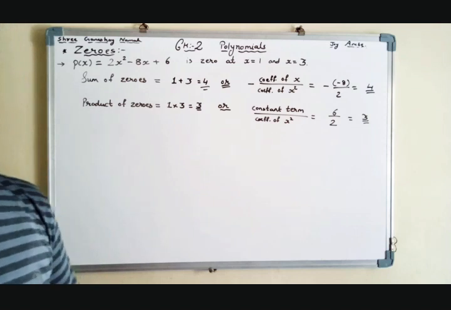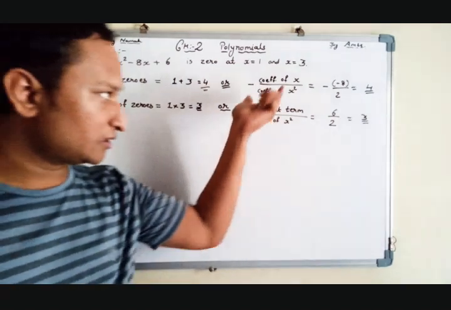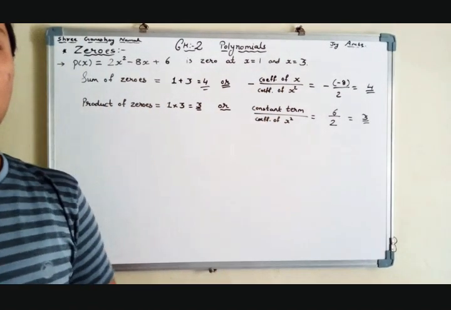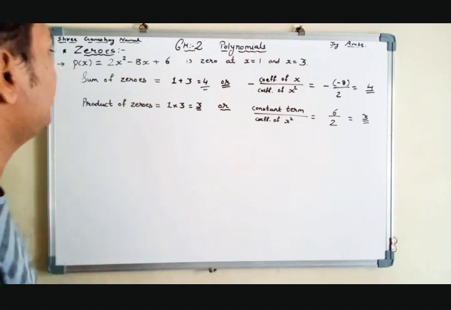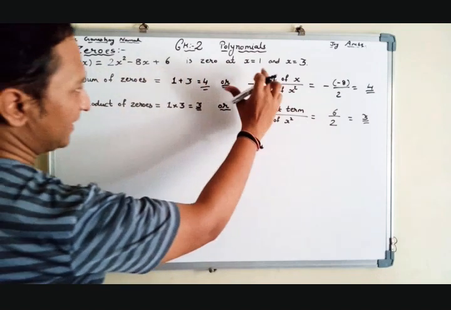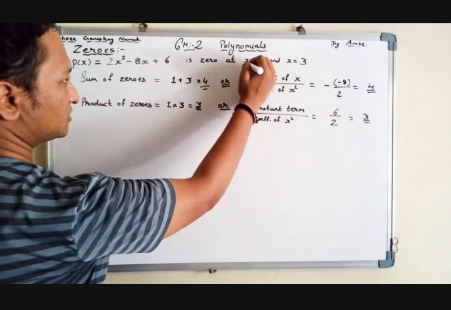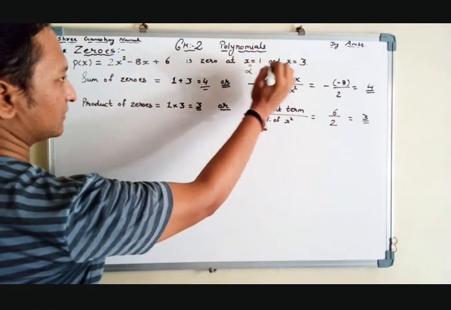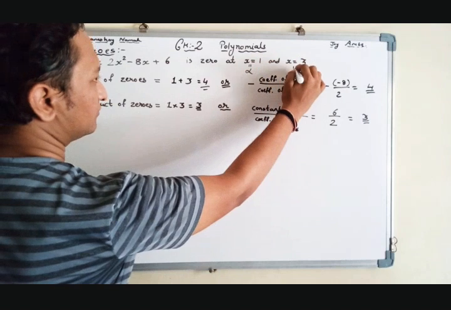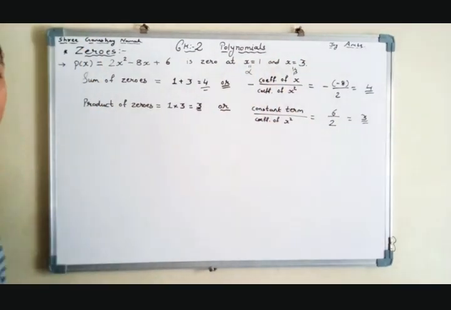Now next, what is the shortcut formula to find this? First of all, we will compare this equation and call these two zeros alpha and beta. Suppose this one is alpha and this one is beta. So what will be the formula?